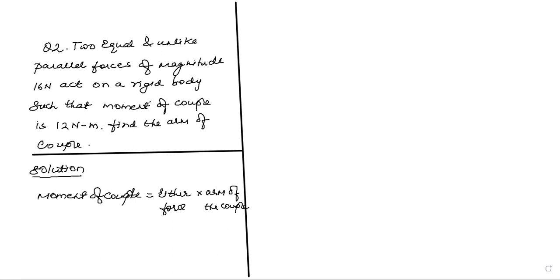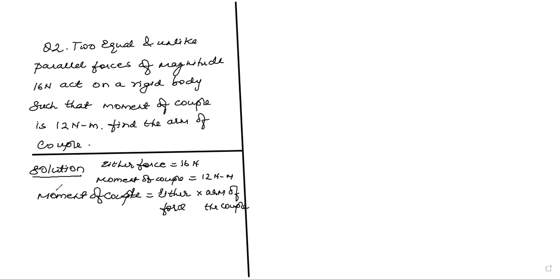Now in this sum, what is given? Two equal and unlike parallel forces of magnitude 16 Newton. So either force is equal to 16 Newton. And what else is given? Moment of couple is 12 Newton meter.